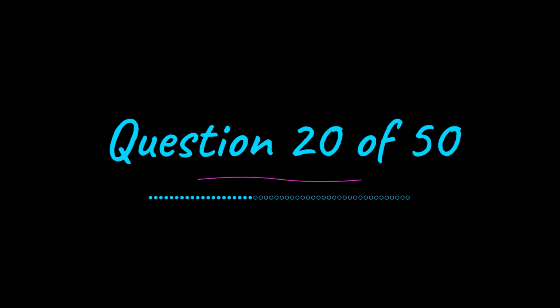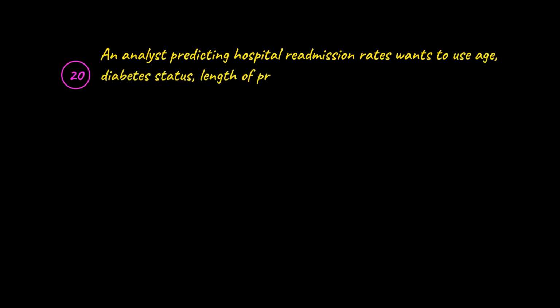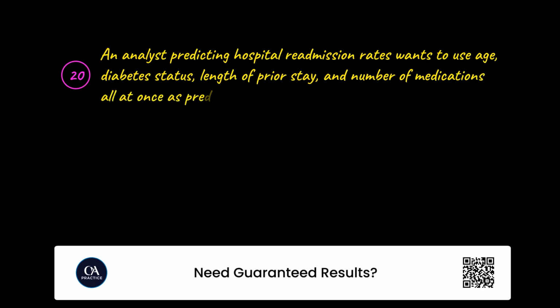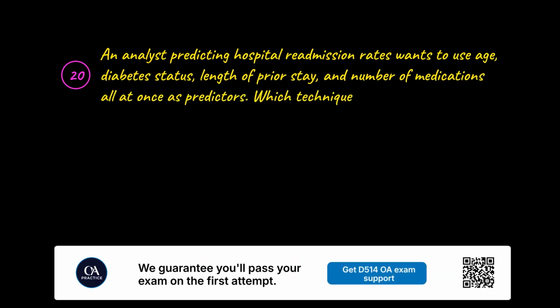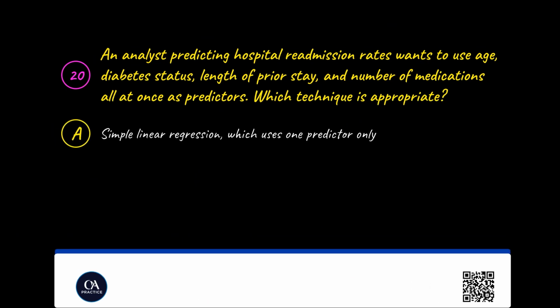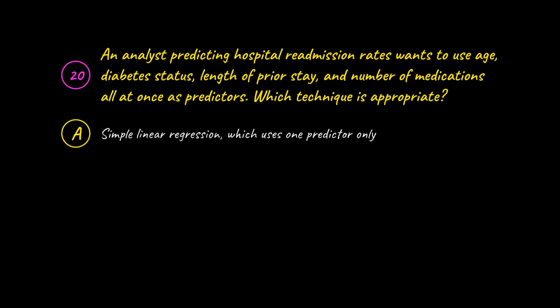Question 20. An analyst predicting hospital readmission rates wants to use age, diabetes status, length of prior stay, and number of medications all at once as predictors. Which technique is appropriate? Your options are A. Simple linear regression, which uses one predictor only.